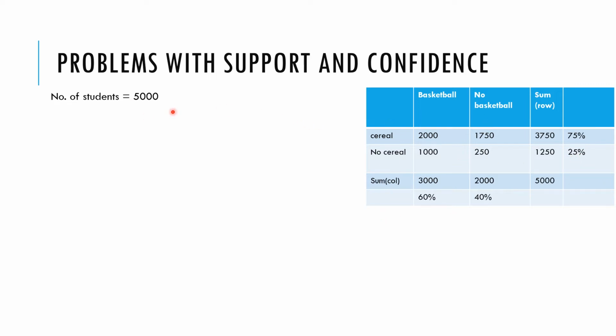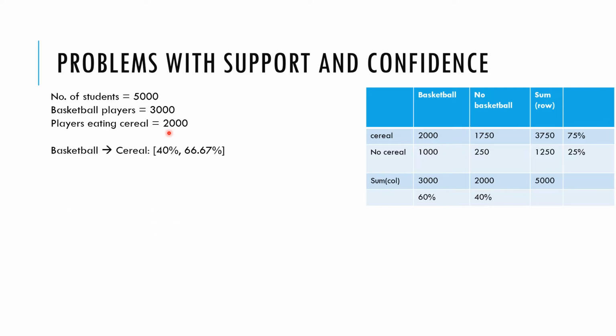So the number of students is 5,000, basketball players 3,000, and basketball players eating cereal 2,000. We want to calculate the support and confidence with basketball players as antecedent and eating cereal as consequent. So we get 40% and 66.67%.